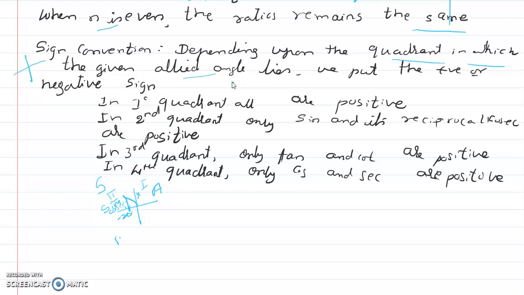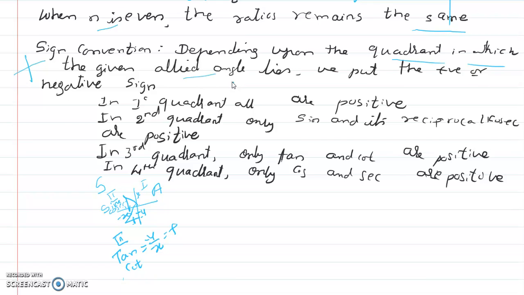And when the angle lies in the third quadrant, tan and cot are positive, because the angle will be like this. This is the negative x-axis and this is the negative y-axis. So x and y are both negative, which means when I take the ratio as opposite side divided by adjacent side, minus divided by minus becomes plus. Similarly for cot, it is the reciprocal.